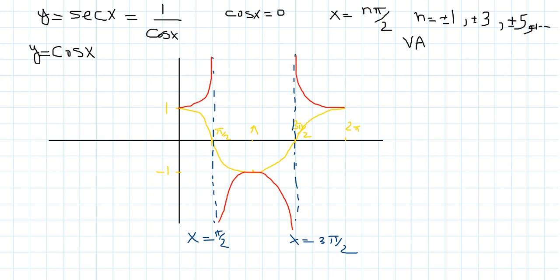Now go to cosecant x. I have y equals cosecant x. I know cosecant x is 1 over sine x. I have a problem, and my vertical asymptotes are where sine equals 0.